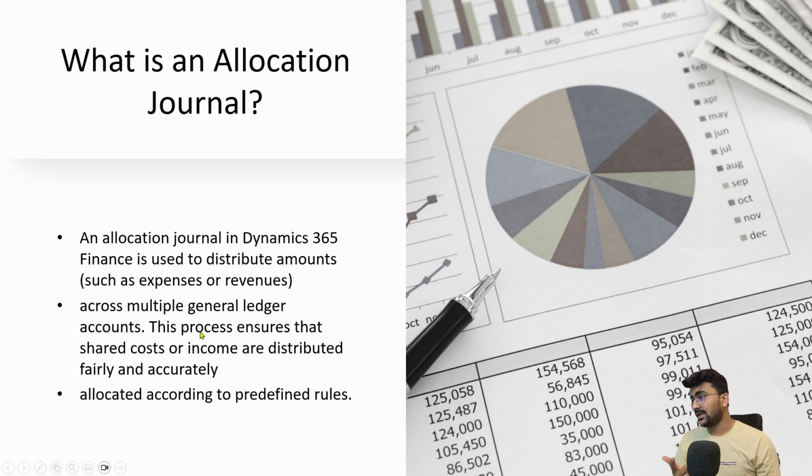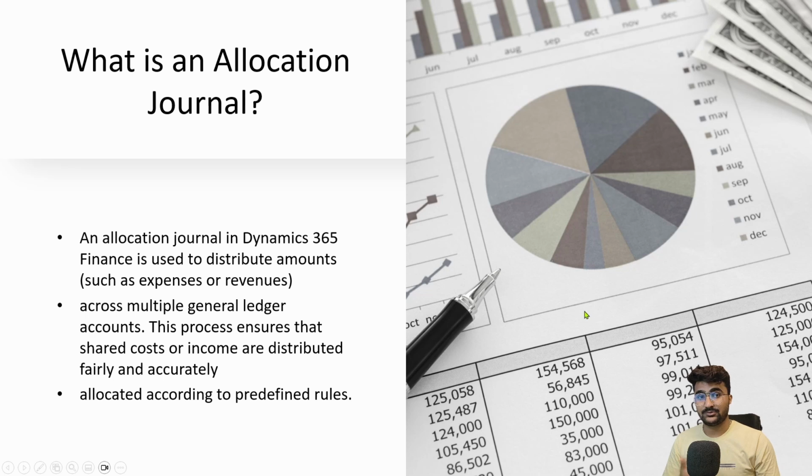Second point is, across multiple general ledger accounts, this process ensures that shared cost and income are distributed fairly and accurately. So this allocation journal has predefined methods using which you can define your allocation rules as per your requirement, on percentage basis, and many other ways are also there. Allocate your amount according to predefined rules.